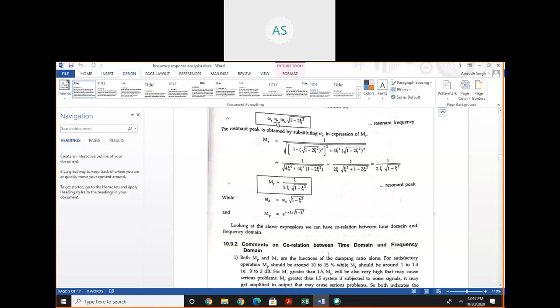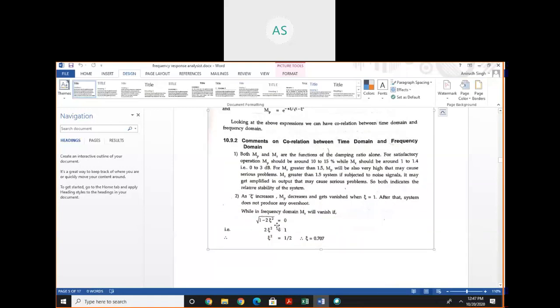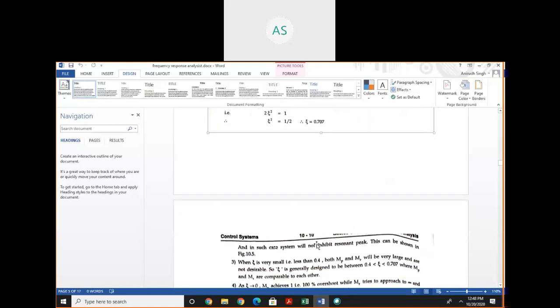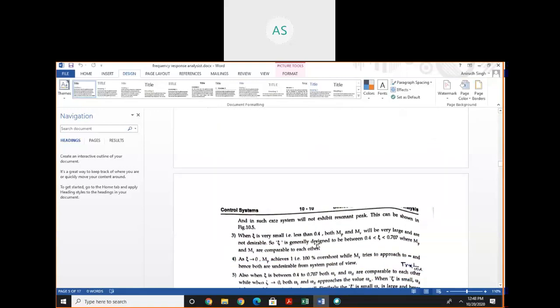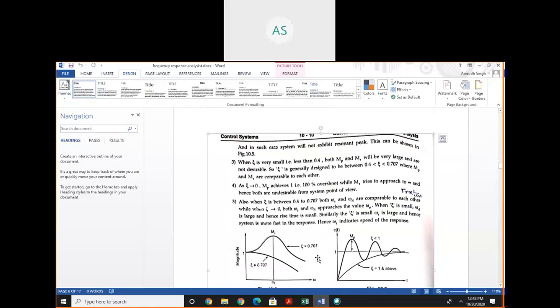We can say that in the frequency domain, Mr will vanish if under root 1 minus 2 zeta square is equal to 0, or when the value of zeta is equal to 0.707, the resonant peak will be 0, and the system will not exhibit any resonant peak.